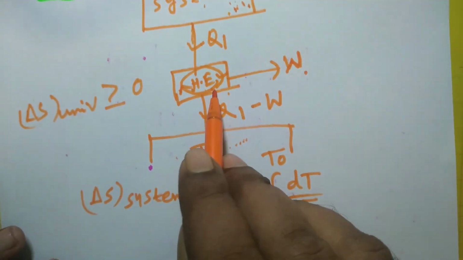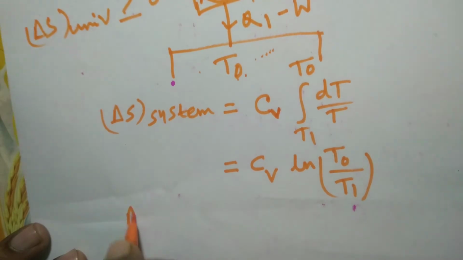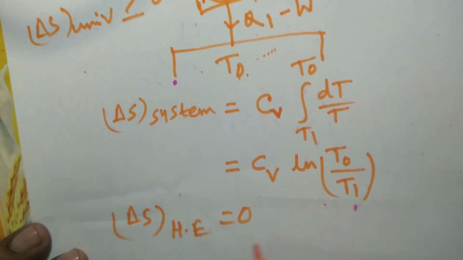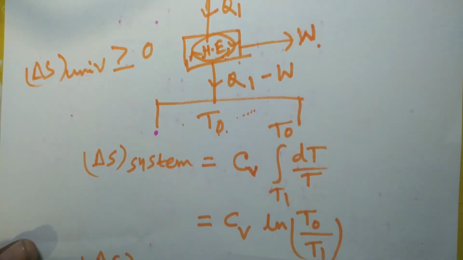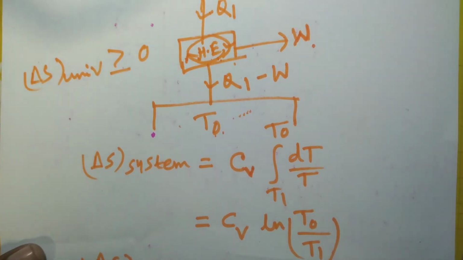And there are three parts. One is the system, another is the heat engine, and this is the reservoir. So delta S of heat engine is always 0, because the working fluid completes a cycle and entropy is a property of the system, and the cyclic integral of any property is 0.